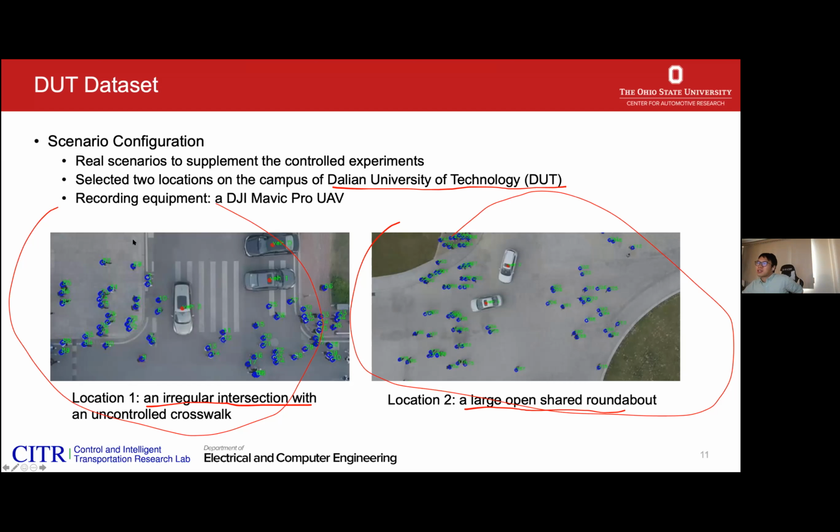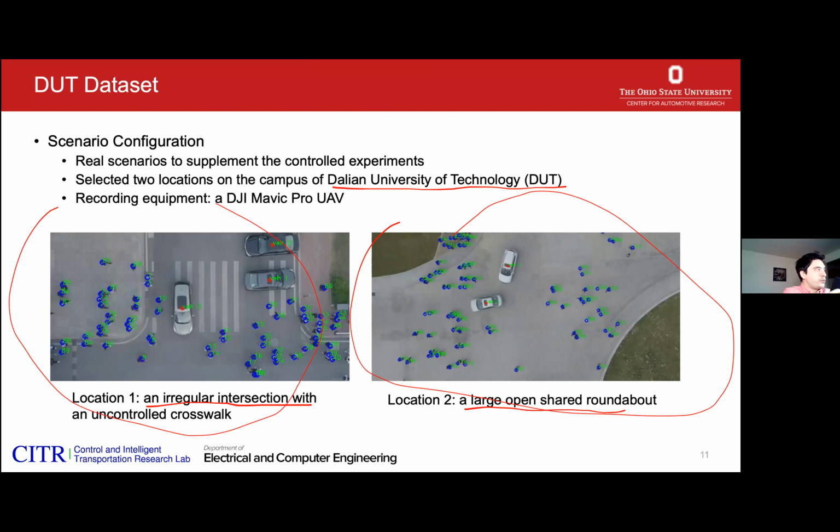It's only in China, a campus from Dalian University of Technology. But we can use the same techniques to create more datasets if we have the resources to collect them. Of course, I believe that datasets from different countries and different cultures will definitely be helpful for vehicle-pedestrian interaction.